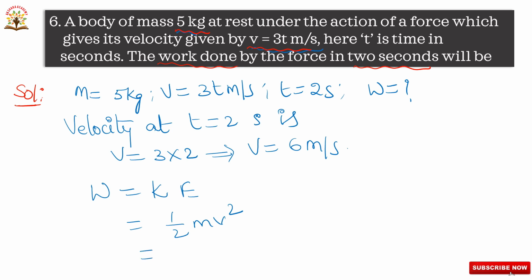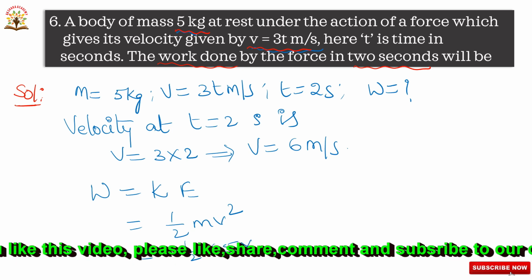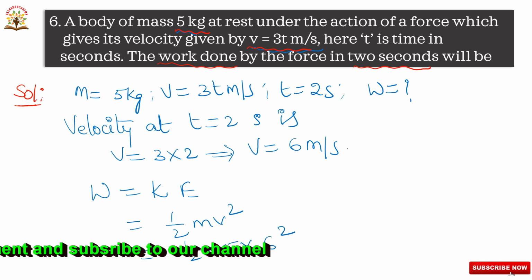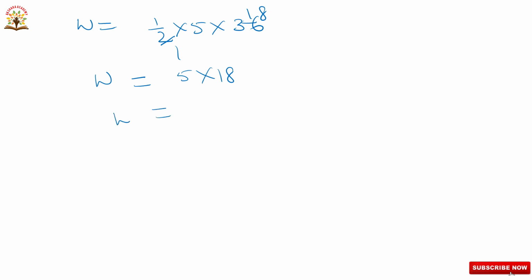Now substituting values, m is 5 and v² is 6². So W = half into 5 into 6², that is 36. Two ones are 2, two 18s, so work done is 5 into 18, that is 18 fives are 90.